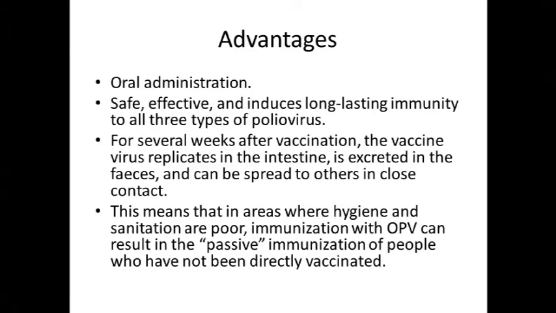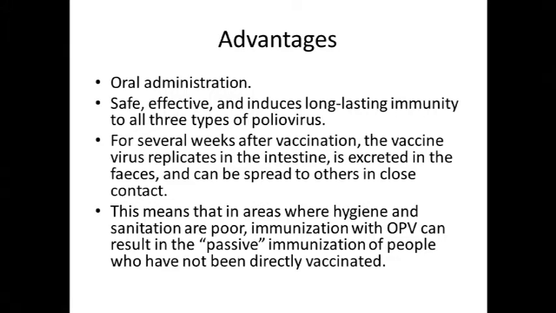So the vaccine virus which has entered the child's body is going to multiply so that it becomes infinite in number. And some of the vaccine antigens will produce antibodies, while the rest of the vaccine virus will be excreted in the feces.